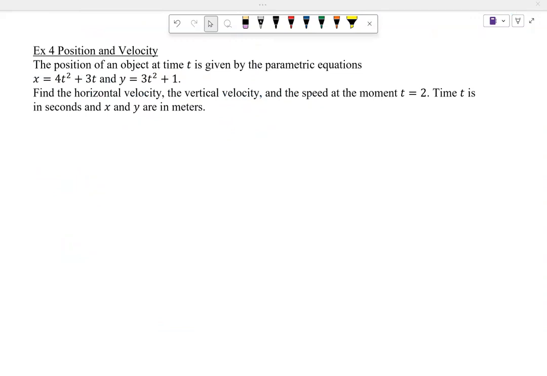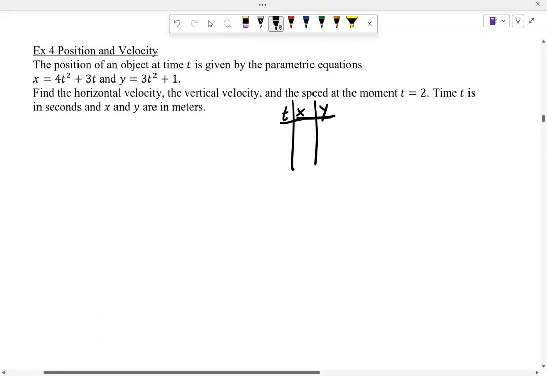Before I get into this question here, we're given the position of an object at time t, given by the set of parametric equations, and I want to kind of get a feel for this. If I plug a few points in for t, if I let t be 0, x would be 0, y would be 1.